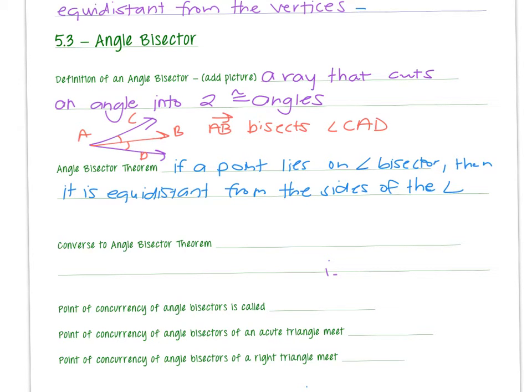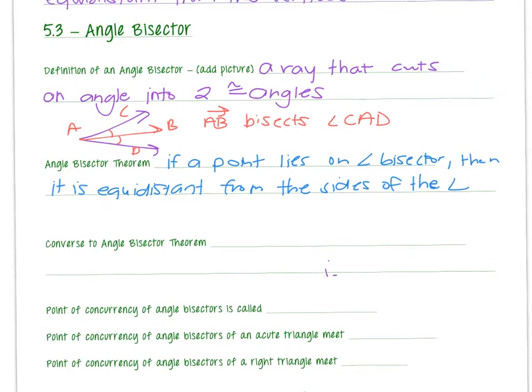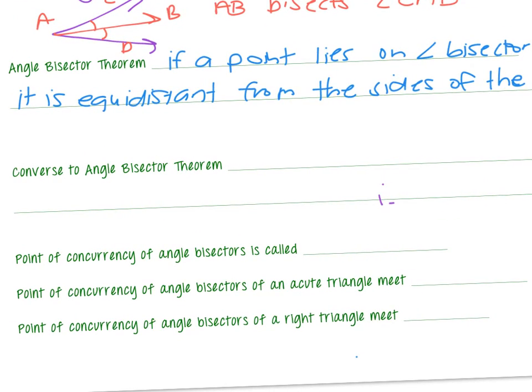So what was special about the segment that connected the sides to the point on the angle bisector? What did it have to have? It had to be perpendicular. So in order to show true distance, those little segments had to be perpendicular.